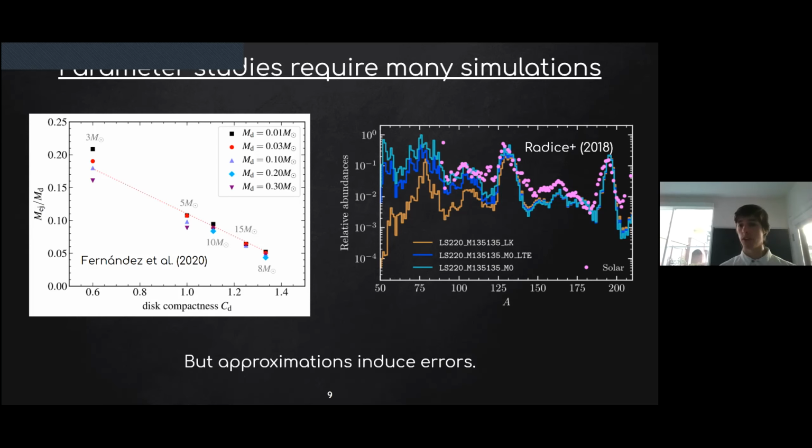This orange curve is a leakage scheme, then this is an M0 scheme assuming some equilibrium, and an M0 scheme with the light blue line. Especially for these light heavy elements, the first peak elements, there's a huge impact of the neutrinos. So we really want an adequate treatment of the neutrinos to have a good understanding of the elements that come out of these mergers.